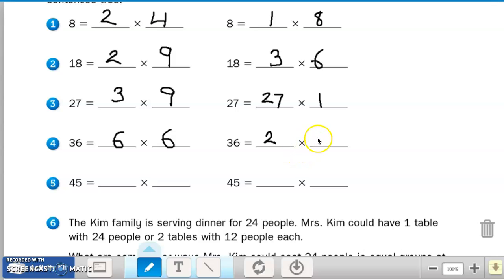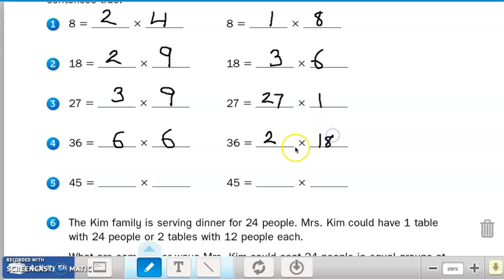Two times what is 36? Can you figure it out? I know it's kind of big, but it's 18.